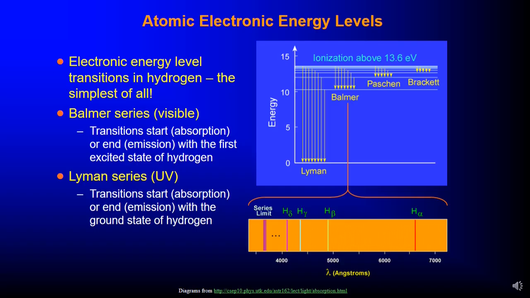Then we have the Lyman series, where transitions start or end with the ground state of hydrogen. So for Balmer, the first excited state of hydrogen. Remember, excited state. Then for Lyman, the ground state of hydrogen, as you can see.